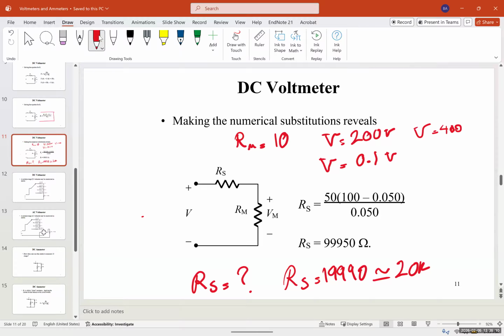So what happens if I go from 200 volts to 400 volts? What would the new RS be? Around 40. It's going to be around 40K.